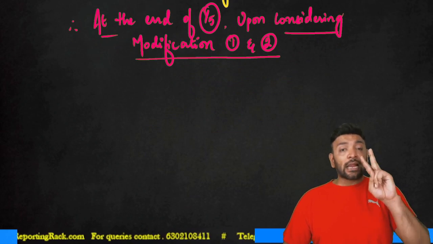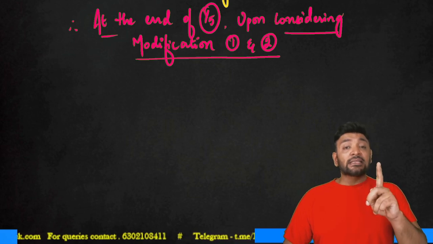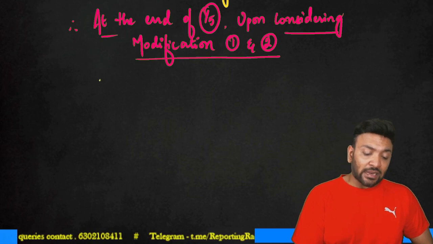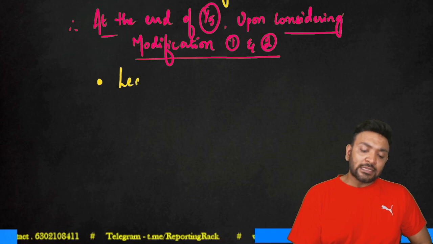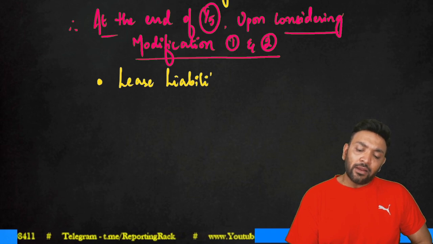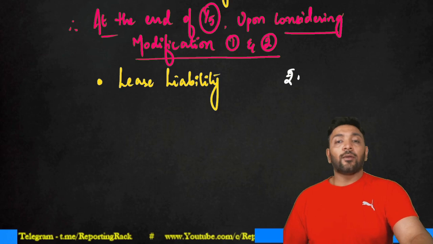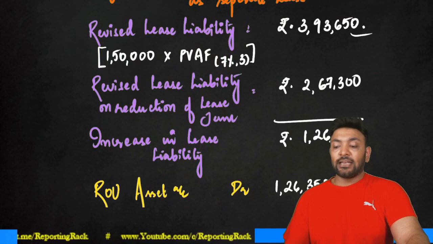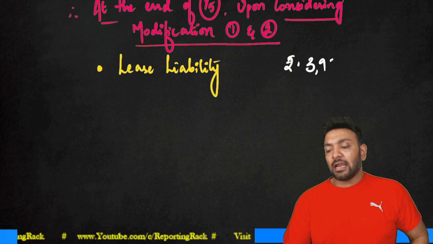Second one by including an additional asset which is not treated as a separate lease but it has increased the amount of lease payments. Under both these situations, if I have to calculate lease liability, the carrying value of lease liability right now after all the changes is equal to, we already got the value. It was 393,650.